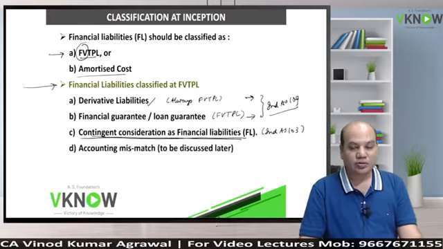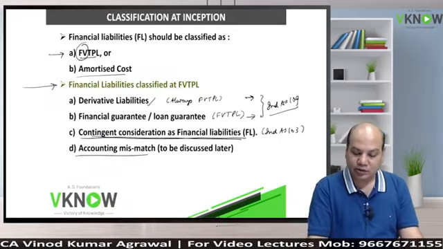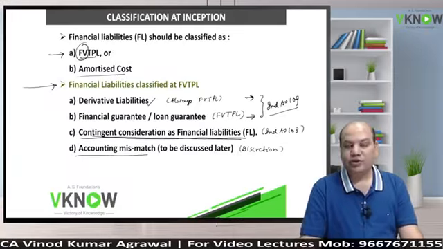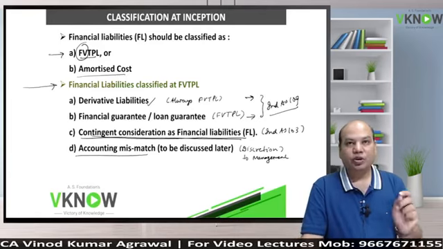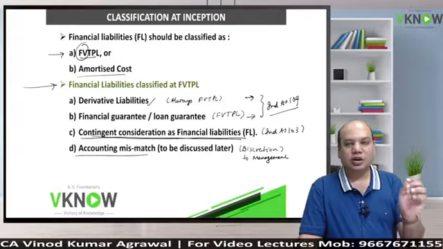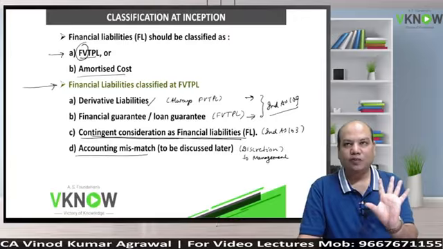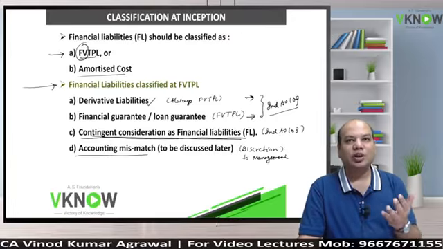And the next is accounting mismatch. Here it is a little discretionary. Discretion is given to the management that you can classify a financial liability into FVTPL if it helps you to remove accounting mismatch.